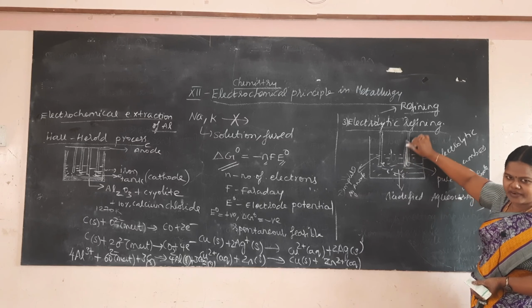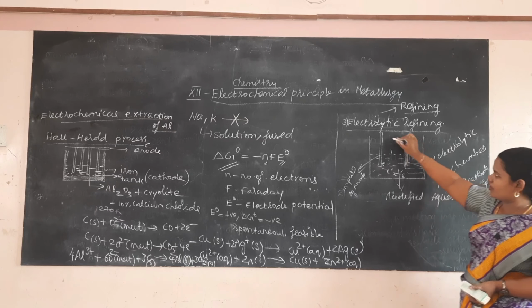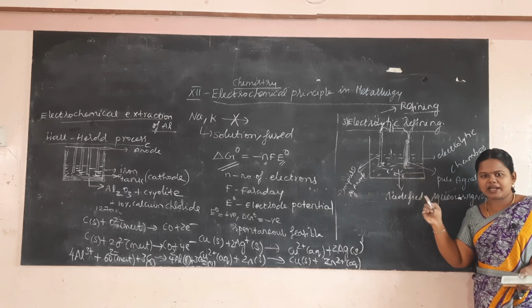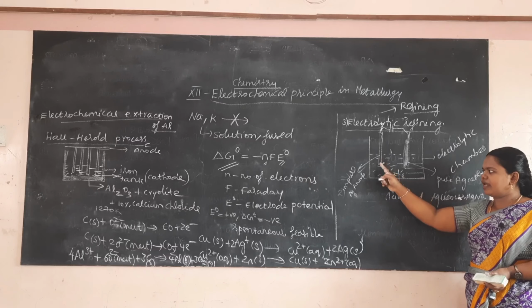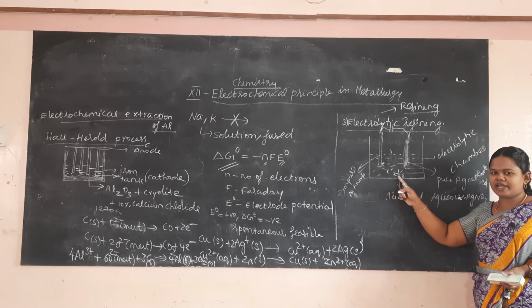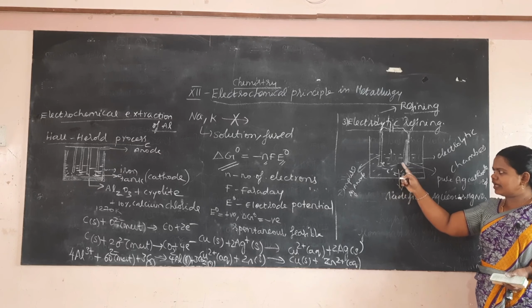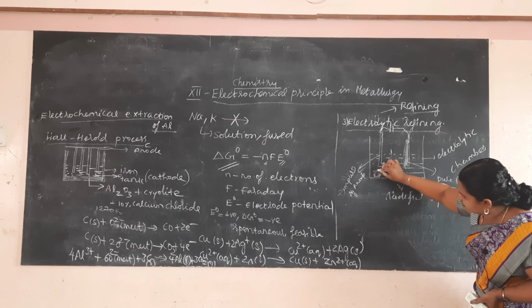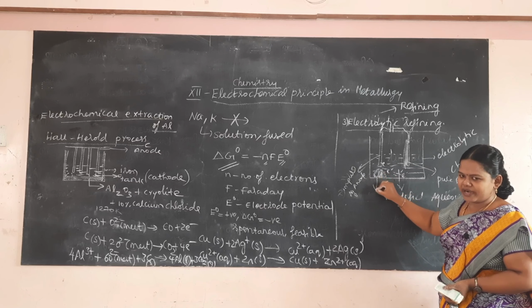The pure metal will get deposited on the cathode, and the impurity will be left down as anode mud.